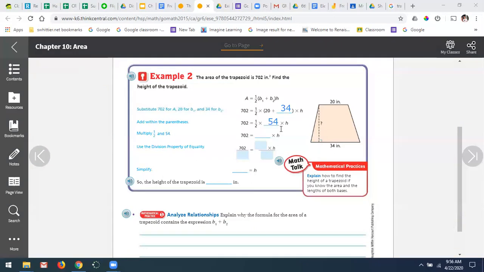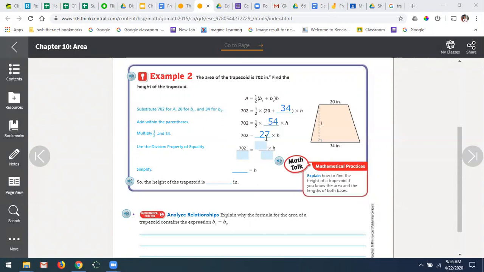So I need 4 more. So half of 54 is 27. If I have two 27s, that's 2 more than 25. 2 plus 2 is 4. So 50 plus 4 is 54. So that's how I was thinking about that.